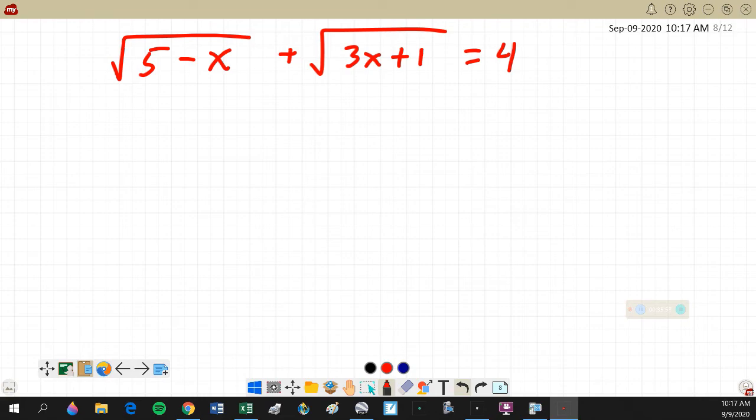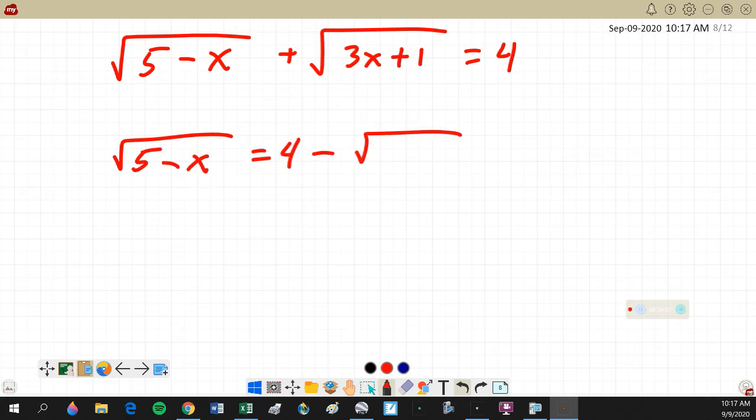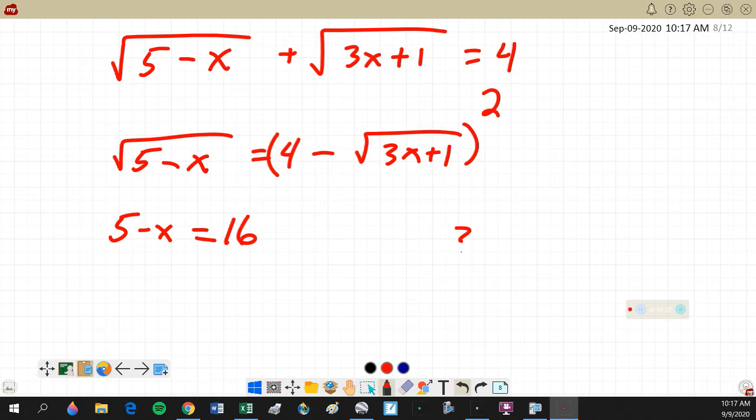Okay. Got to get one of the square roots by itself. So the square root of 5 minus x equals 4 minus the square root of 3x plus 1. Square both sides. 5 minus x equals, the first term is 16, the last term is 3x plus 1. The in-between terms is just two copies of that.